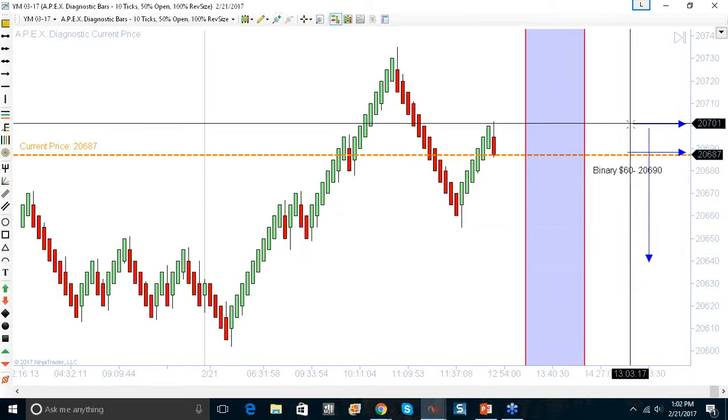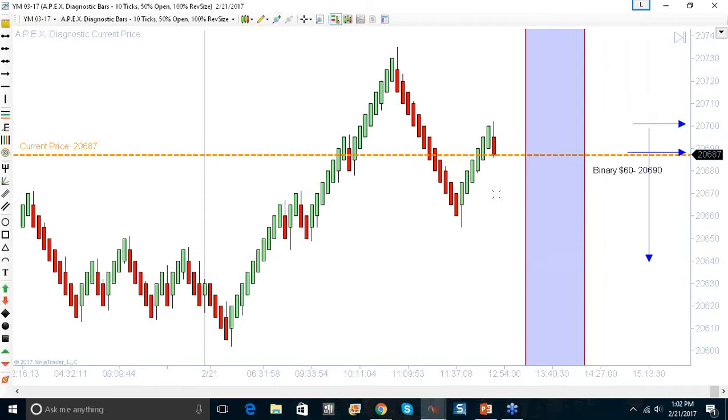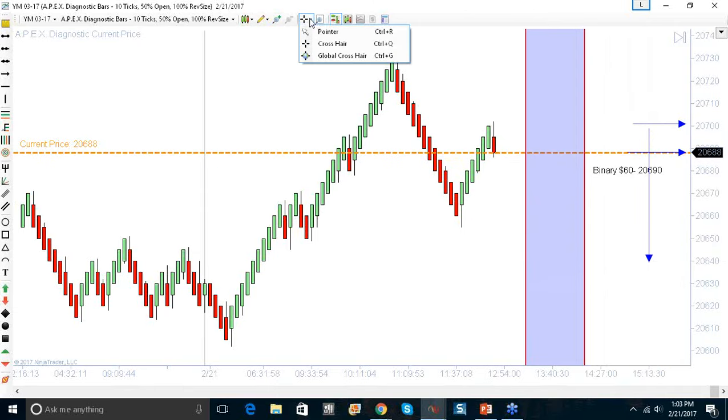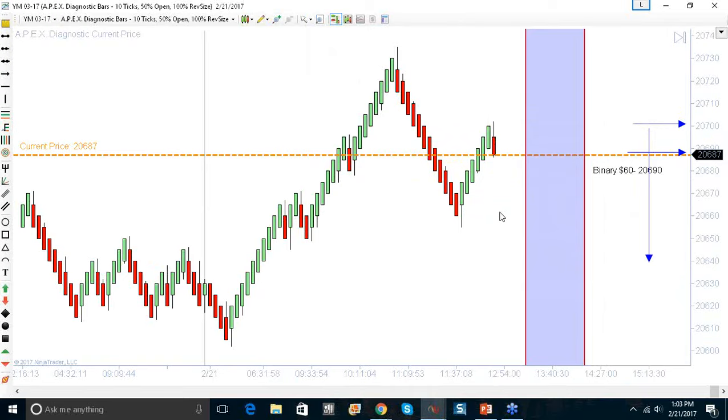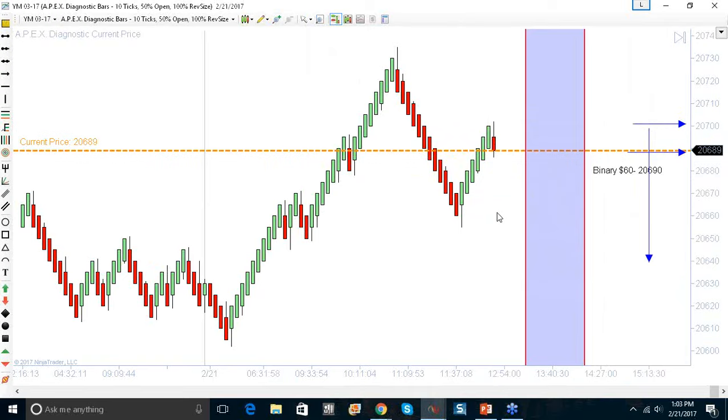And who's to say that I have to lose 60 bucks on the binary or on the spread? If I buy this spread thinking the market's going up and I'm wrong and the market starts to go down 20 or 30 points, I might just close it out and get out. And what did I lose on the trade? 20 or 30 bucks. Okay?